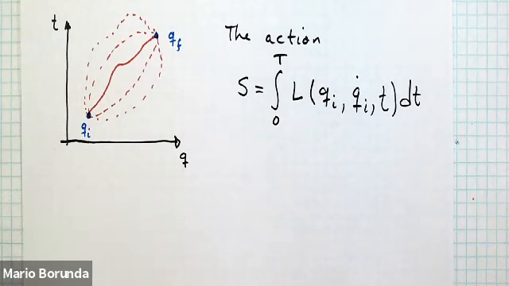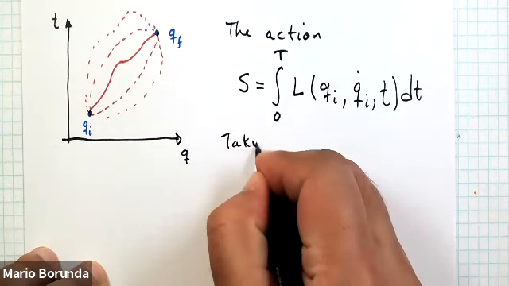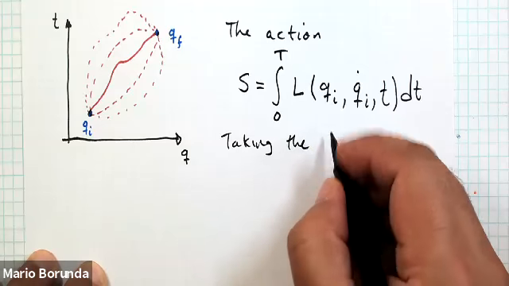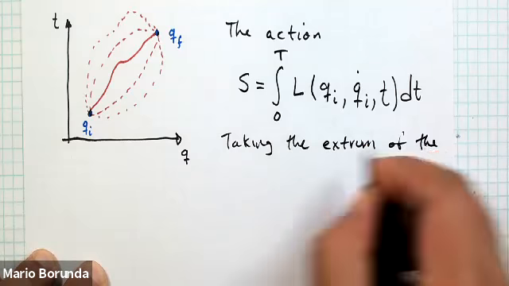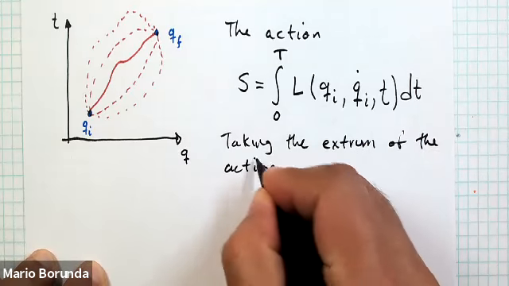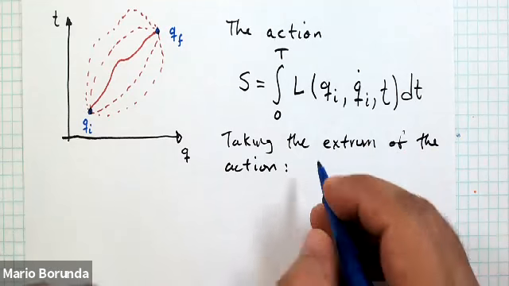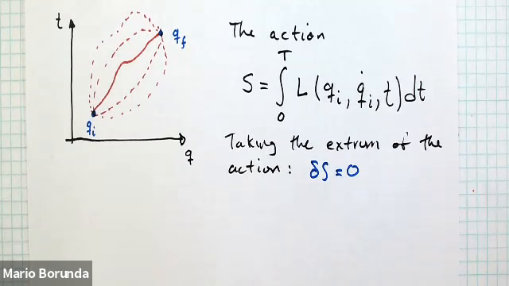Now, if we take the variation of the action, what we're doing is figuring out when this gives us 0.